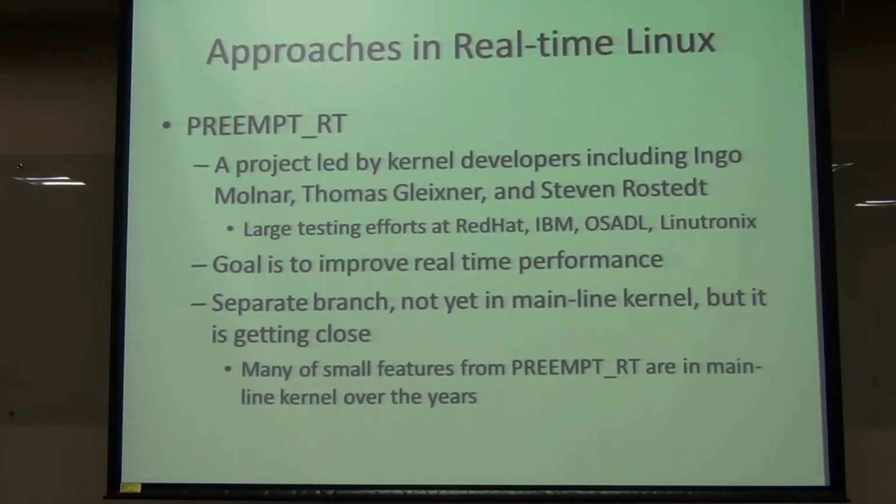And many companies are very serious about this preemptive RT patch set, including Red Hat, IBM, also Dell, the Open Source Automation Development Lab, and Linutronix, where Thomas is from. Their goal is to improve the real-time performance of the mainline kernel.